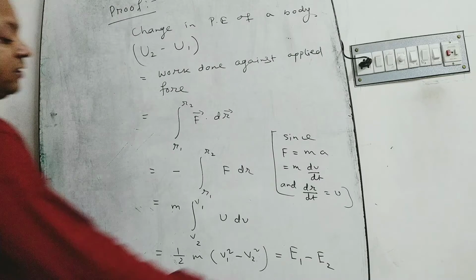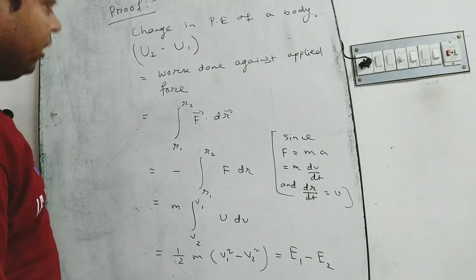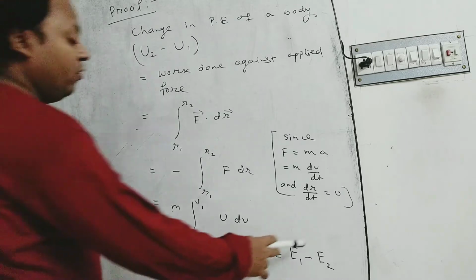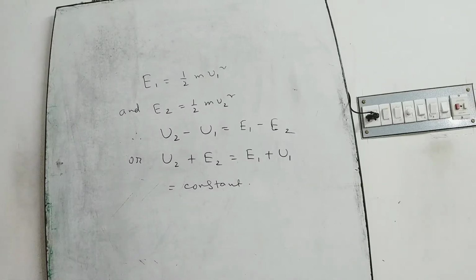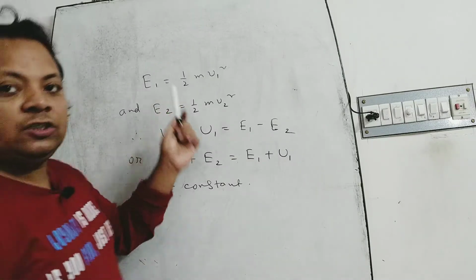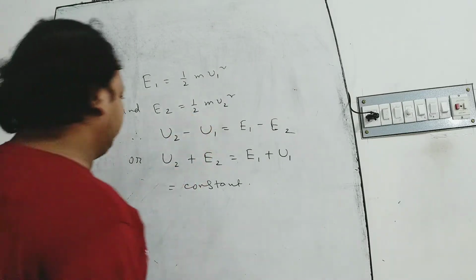Here E1 is the initial kinetic energy of the body and E2 is the final kinetic energy of the body. That is, E1 is equal to half m v1 square and E2 is equal to half m v2 square.